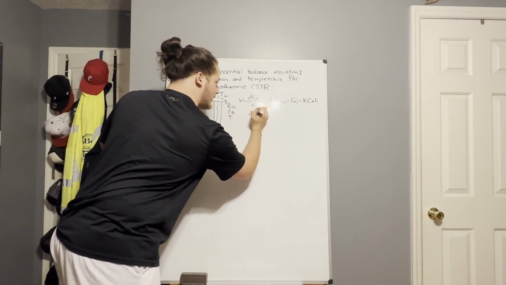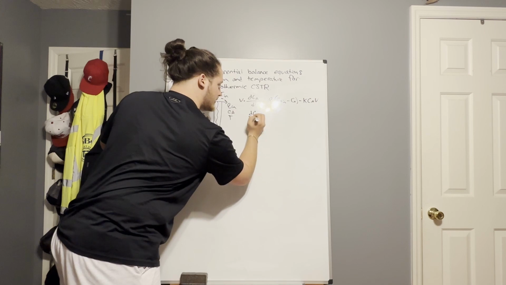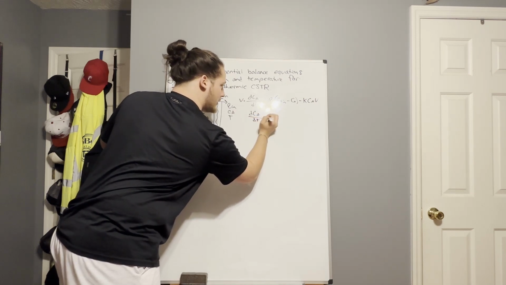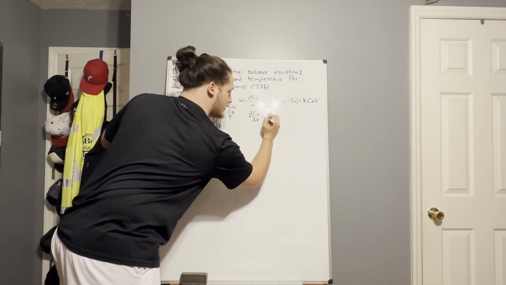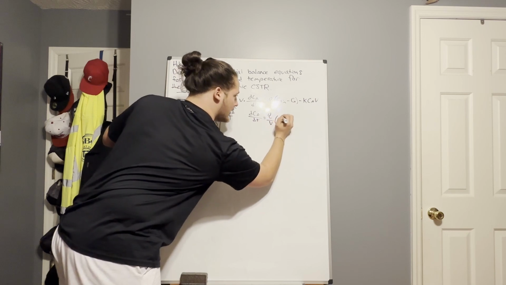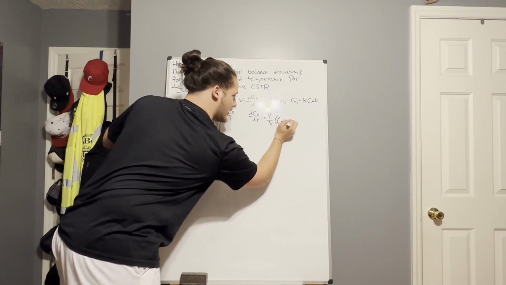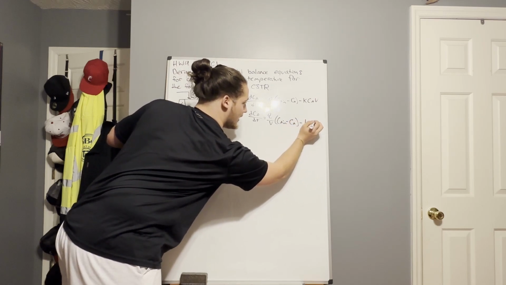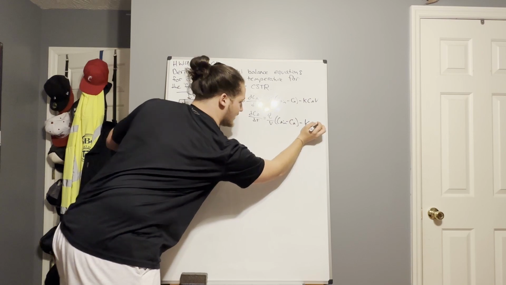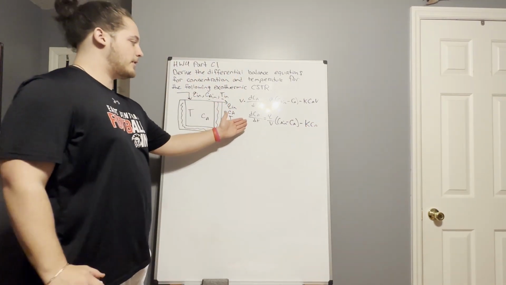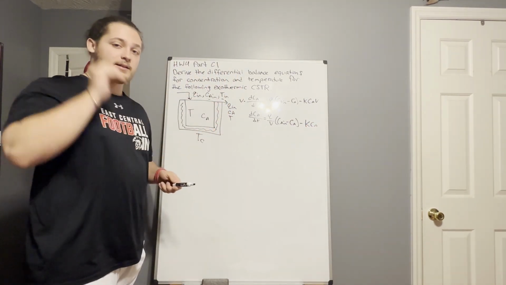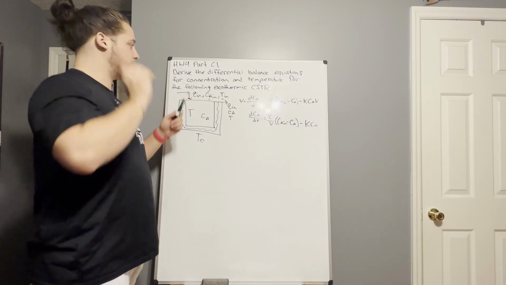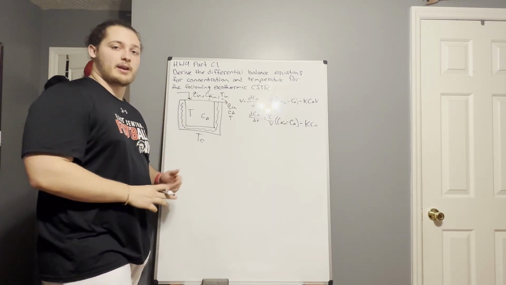So we can have the differential of our concentration over time is equal to Q over V times our Ca in minus Ca, minus the K times Ca. So what we found here is our differential balance equation for the concentration in our continuously stirred tank reactor.